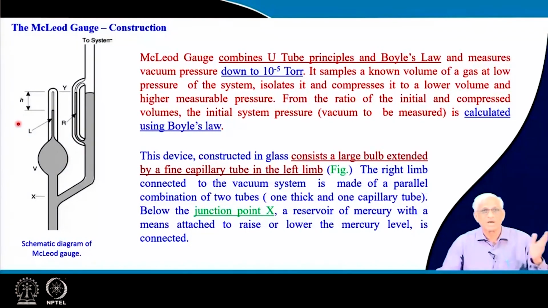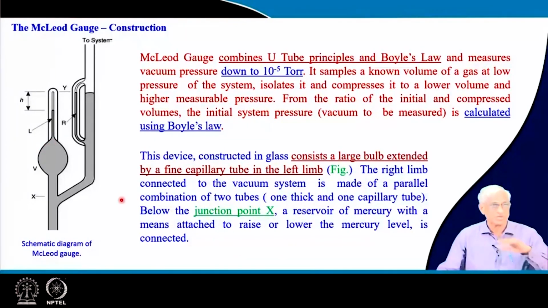Wherever there are parallel paths in a U-tube connection with identical shapes, the level difference will automatically be there. That will take care of it. So the level differences can be calibrated, but I am not going into the details.